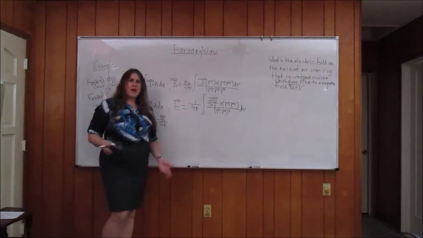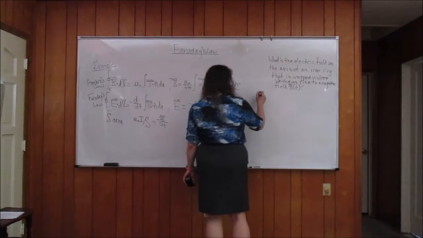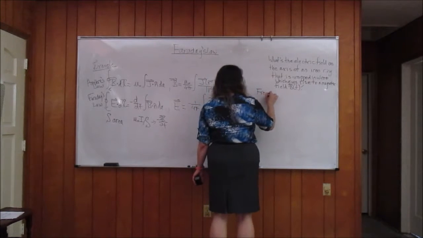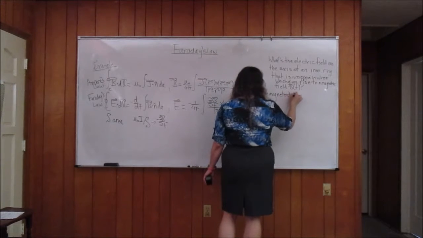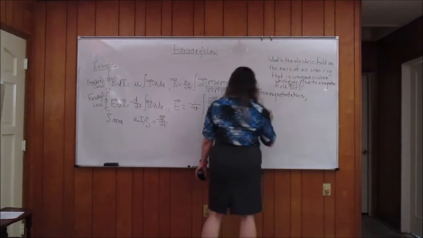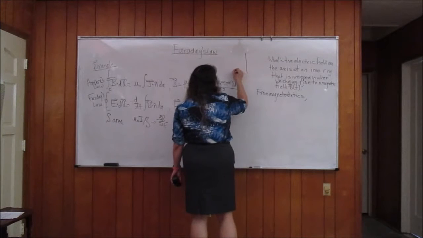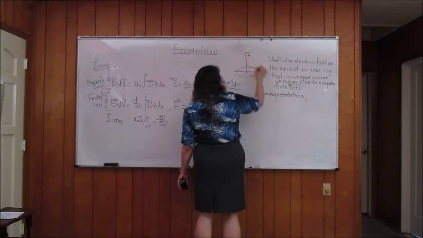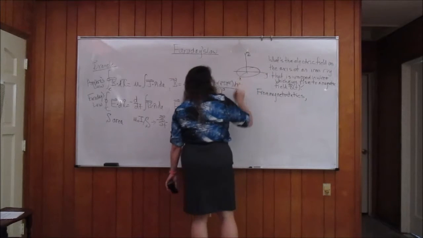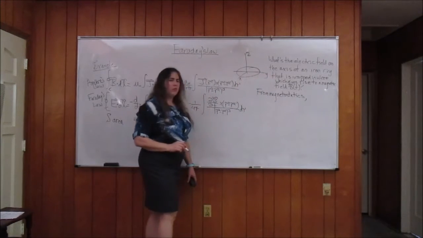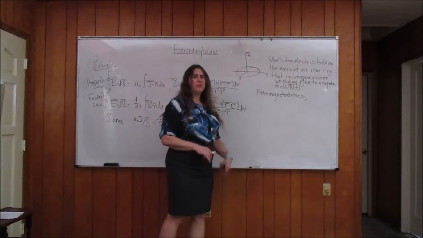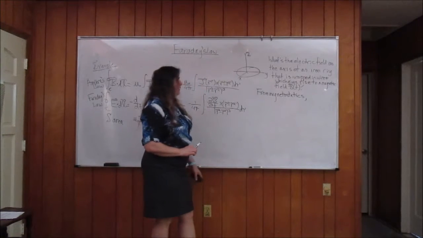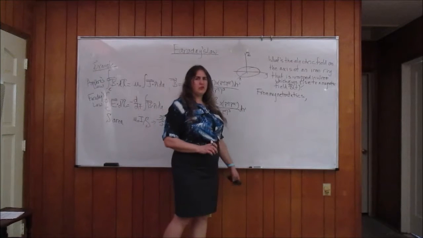Well, if you'll recall way back from magnetostatics, if you had a wire ring, we determined the magnetic field, actually not just on the axis, but we also came up with an expression for the magnetic field in terms of elliptic integrals.